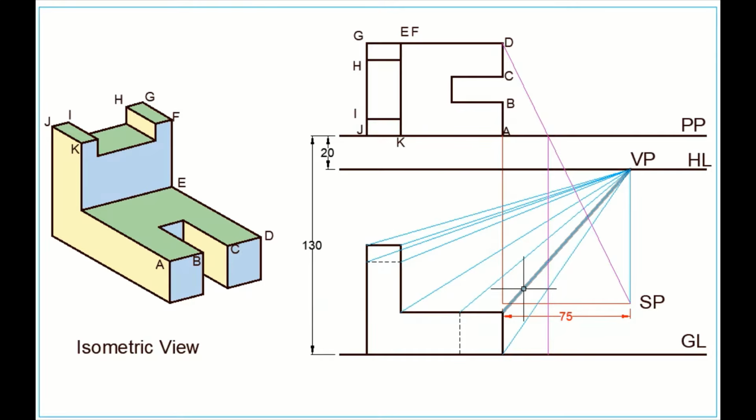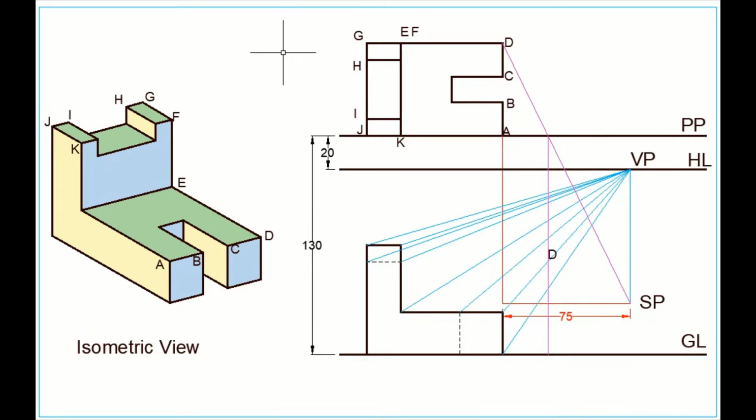So points B, C and D should lie on this ray that connects A here with the vanishing point. So we can easily say that this point here is point D actually.